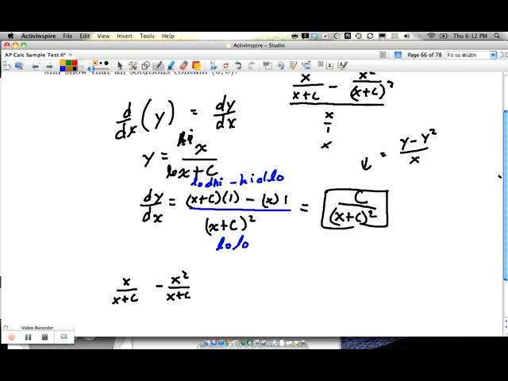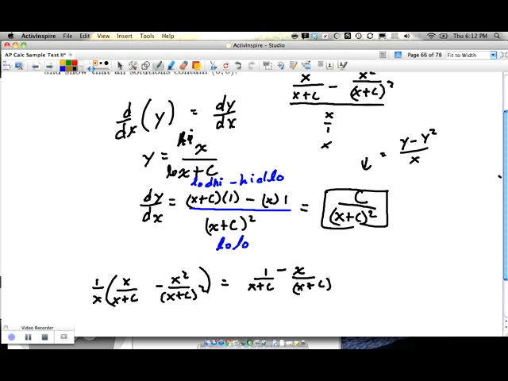I'll multiply that whole thing by 1 over x. As x distributes and it reduces with each of the first and second terms, that's going to be 1 over x plus c minus x over x plus c quantity squared.